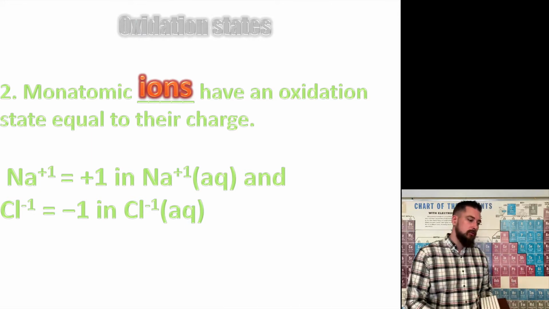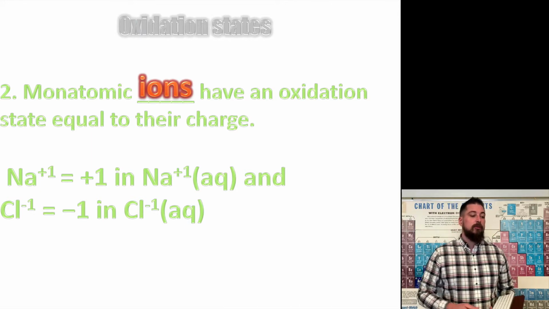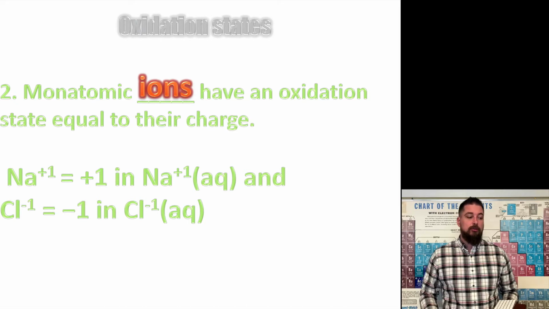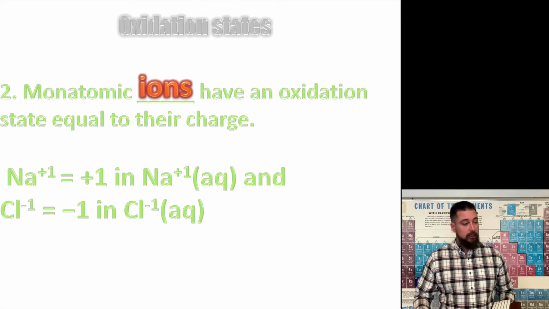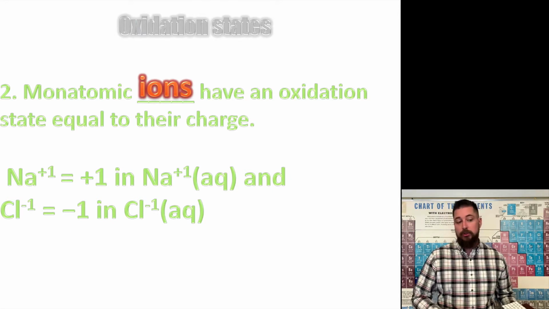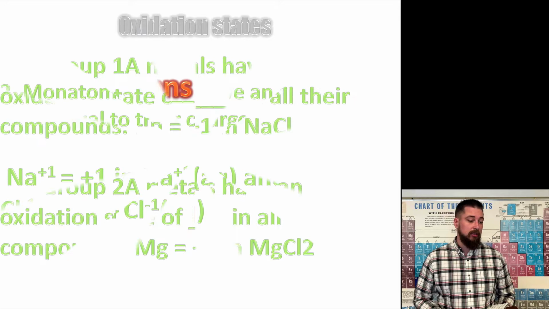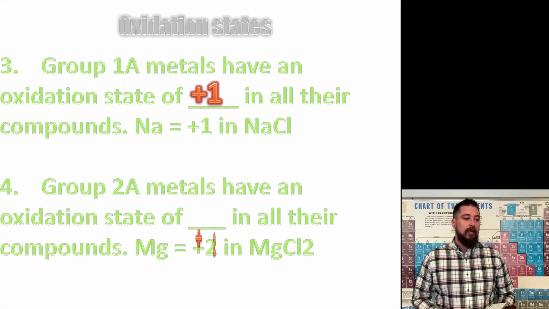Notice how sodium has a 1 positive charge and chloride has a 1 negative charge, and so those are equal. Within an ionic compound, whatever the charge of the ion is, that is the oxidation number. Now, group 1A metals will have oxidation states of 1+ in all of their compounds. Group 2A metals have an oxidation state of 2+ in all their compounds.